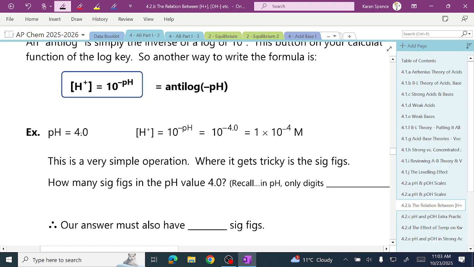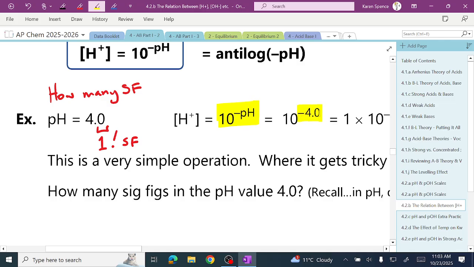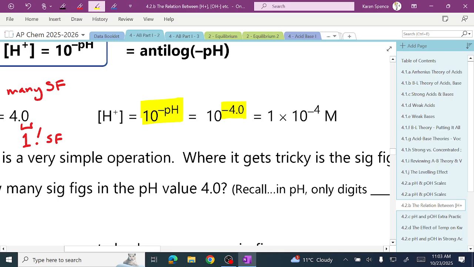Okay, so if our pH is 4.0, how many sig figs? 1 sig fig. So when you then go to calculate the hydrogen ion concentration, you will take 10 to the negative pH, which is going to be 10 to the negative 4.0, which is going to be 1 sig fig times 10 to the negative 4.